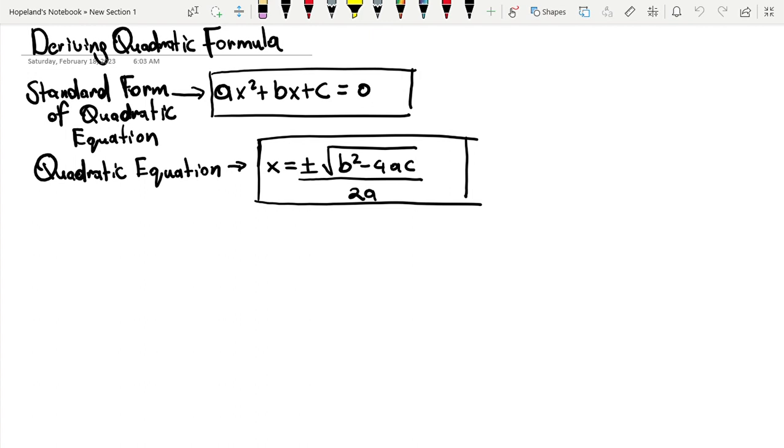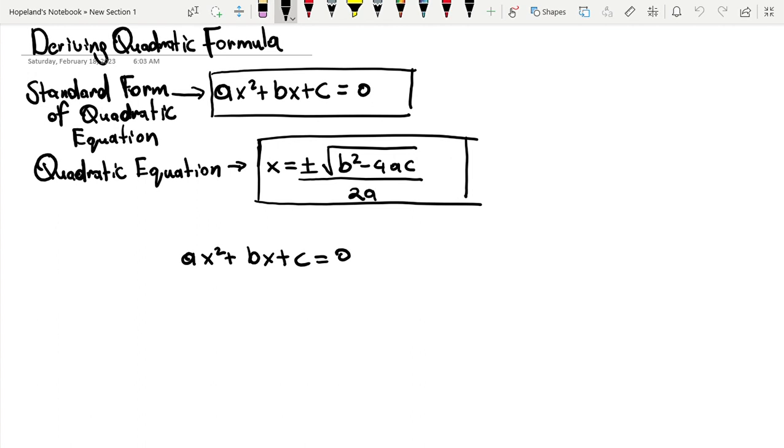So first, we want to rewrite the standard form of the quadratic equation, which is ax squared plus bx plus c is equal to 0. And then you're going to factor out an a from the first part of the equation where the x terms are.